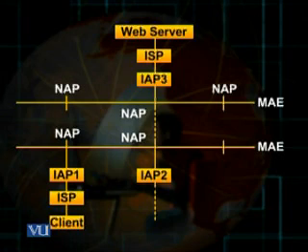This ISP has a link with an IAP, that is IAP1. This IAP1 is directly connected with the internet backbone line, or MAE, at a point called NAP. This client machine wants to send some data to another web server machine which is hosted by an ISP, and that ISP has a parent IAP which is IAP3 connected to another MAE.